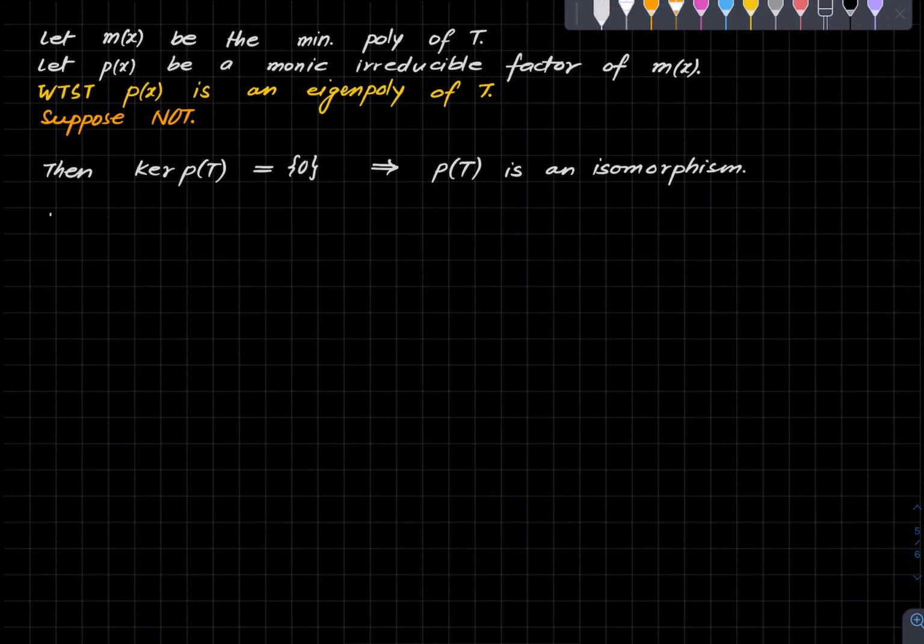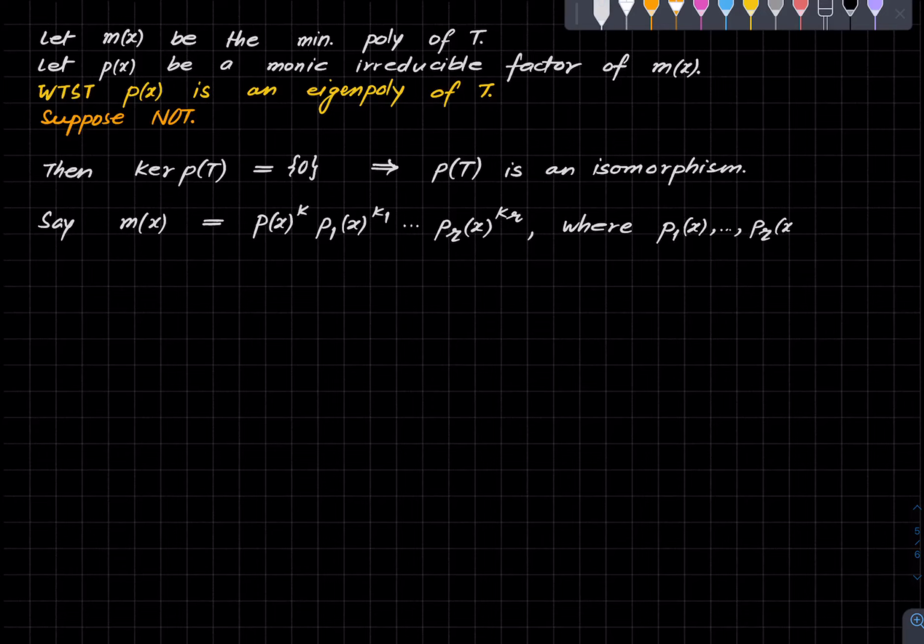All right. And now say m(x) is equal to that, where p1(x) up to pr(x) are irreducible polynomials. And of course, each ki is at least 1.